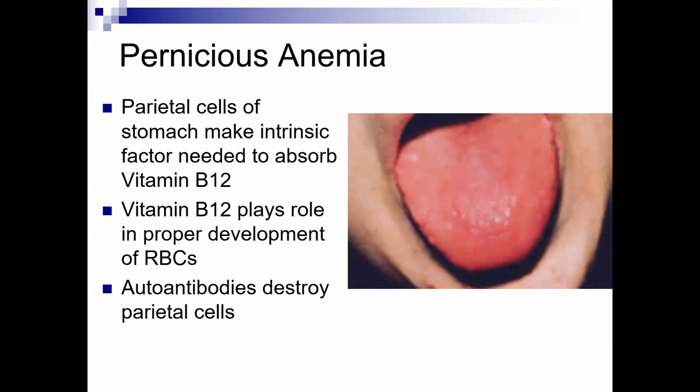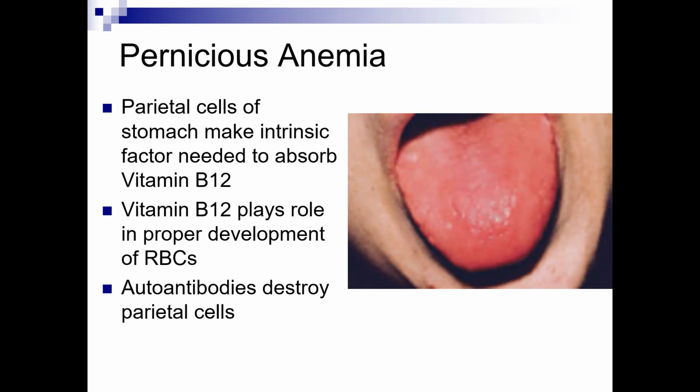We have pernicious anemia. So these are the parietal cells of the stomach. So they're found inside the stomach. And these cells are very responsible for the absorption of vitamin B12. So what happens is these autoantibodies destroy the parietal cells.